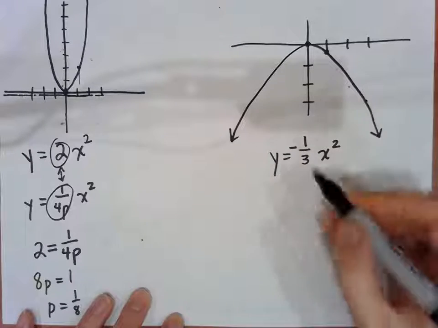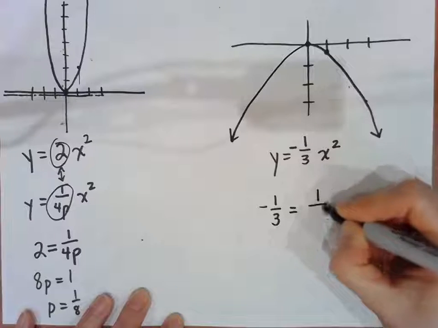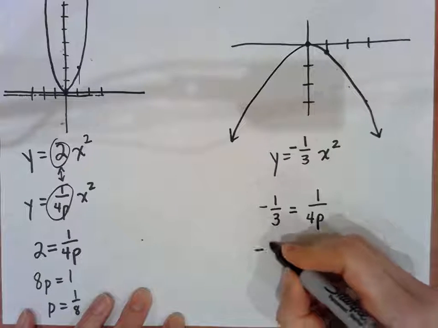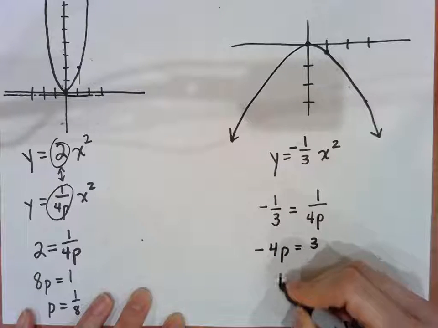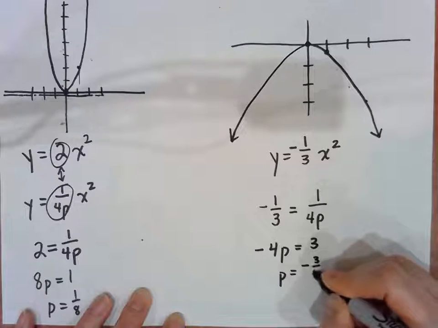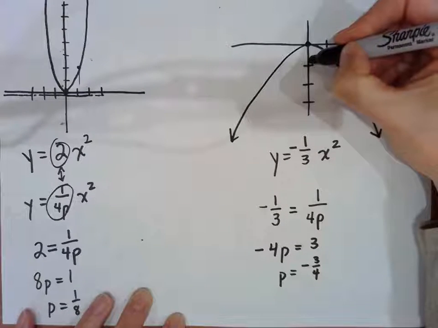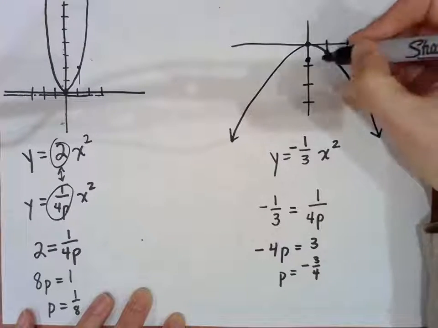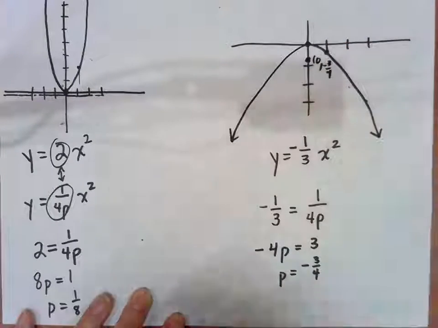Well, just like before, we know that this number, negative 1/3, has to be 1/4p. Okay, so that means that negative 4p equals 3 if I do a cross multiply, and p is negative 3/4. Okay, so p is down here at negative 3/4. So that's 0, negative 3/4.